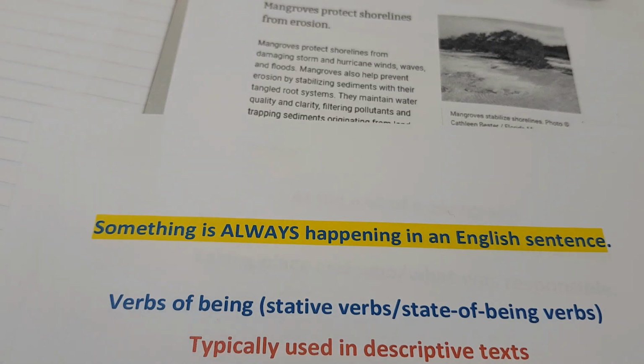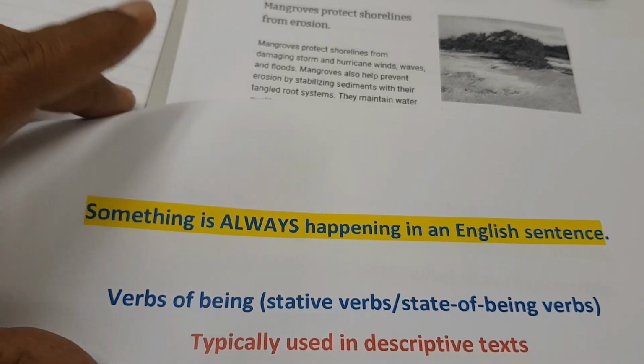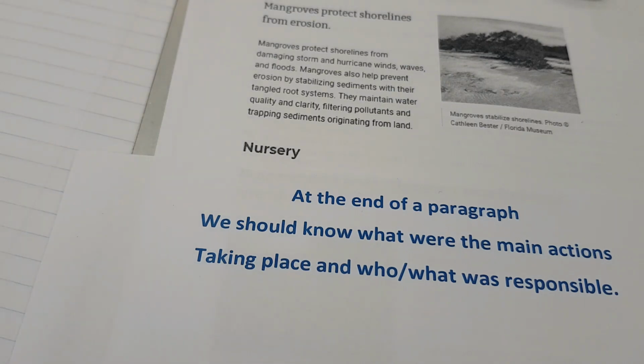Well, if you say that a sentence in English comprises a subject and a verb, and the verb is the doing word, the verb describes something that is happening. So if every sentence has a verb, except for the rare ones that are verbless, then something is always happening in an English sentence. And therefore the task that we are faced with in teaching comprehension is getting our readers to understand what the main actions are that are taking place in the sentence and in the paragraph, and then who or what was responsible for it. Okay?